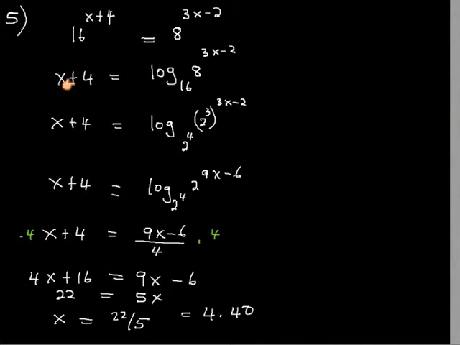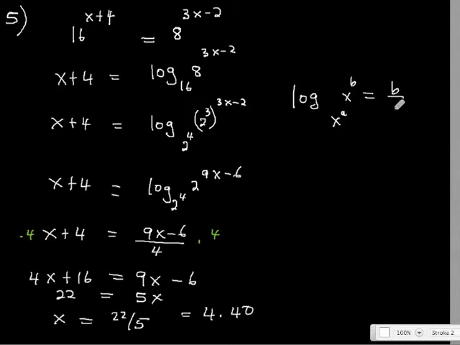And we get x plus 4 is equal to log base 16 of 8 to the power 3x minus 2. I want to take advantage of my rule, which was log base x to the a of x to the b is equal to b over a.